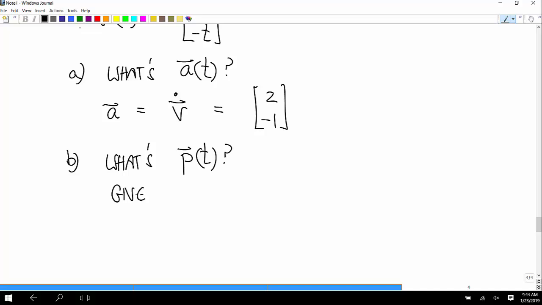So let's say that we're given that the x component of position at time equals 0 is 5, and the y component of position at time equals 0 is 0.